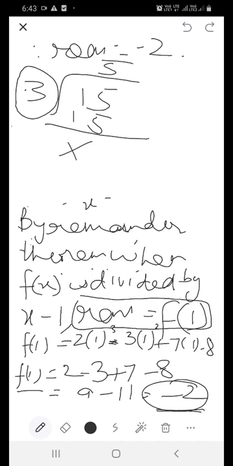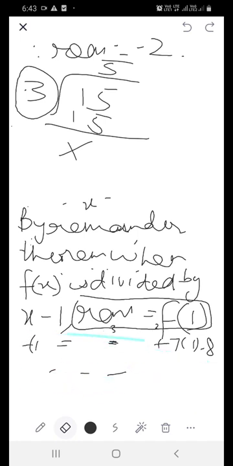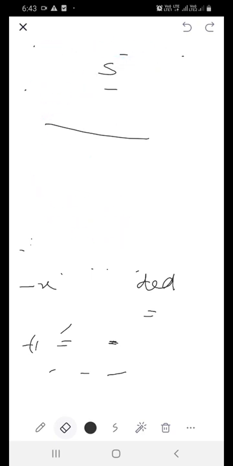Now I am going to show you one more question. There you will find that the remainder comes out to be 0.